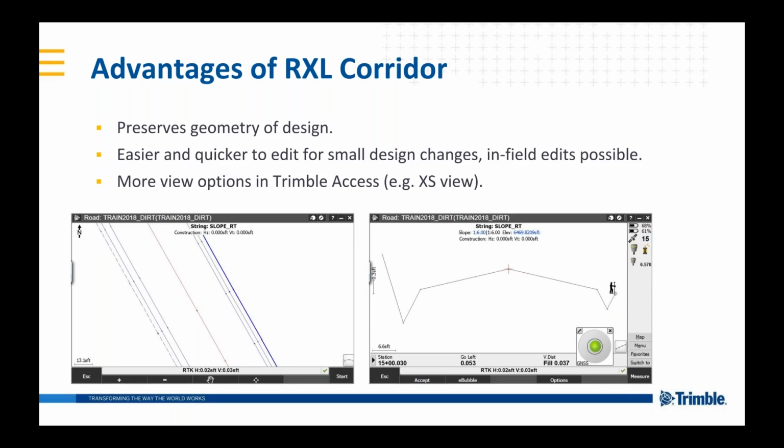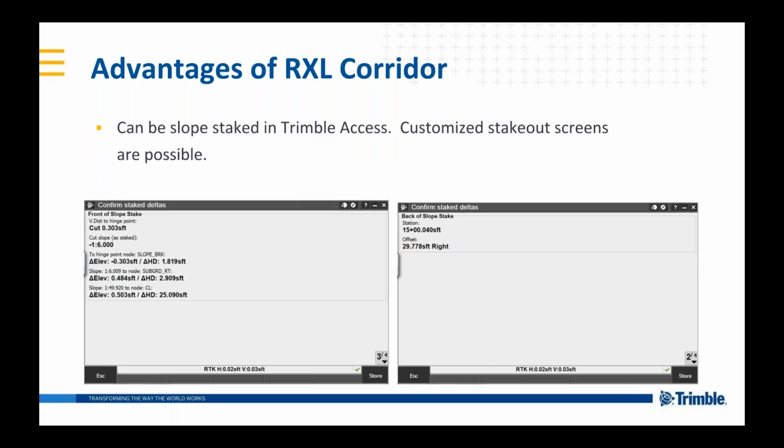There's some more view options in Trimble Access. For example, as you're staking, you can see your cross-section view of your entire corridor, see where you're at on that, as the screenshots below demonstrate. One of the big ones for us is with an RXL file, you can slope stake this in Trimble Access.